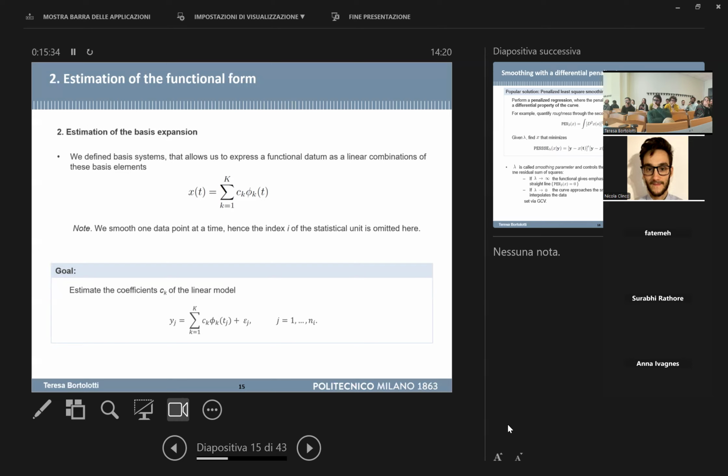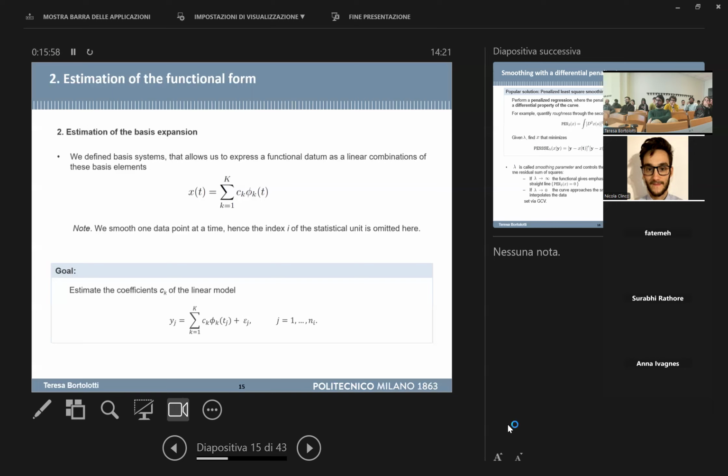Why am I omitting here the index i? Because this procedure is applied function by function. So this entire procedure is typically called the smoothing. The smoothing that you do on a function is not affected by the smoothing that you're doing on the other functions. Okay.